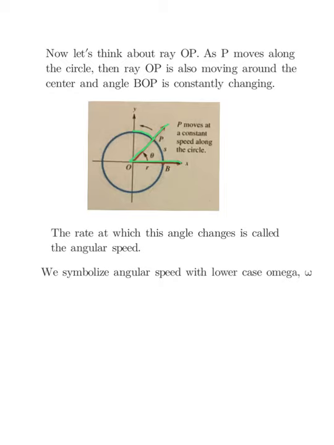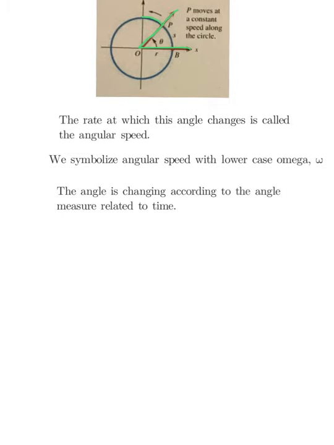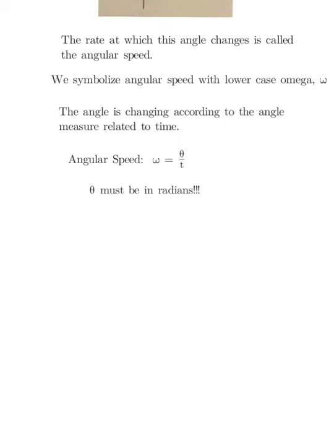We symbolize angular speed with the lowercase Greek letter omega, and it's kind of a funky looking little W. The angle is changing according to the angle measure related to time. So it's so many radians per minute, so many radians per hour. This gives us our formula for angular speed. Omega equals theta over T. Remember, theta must be in radians.